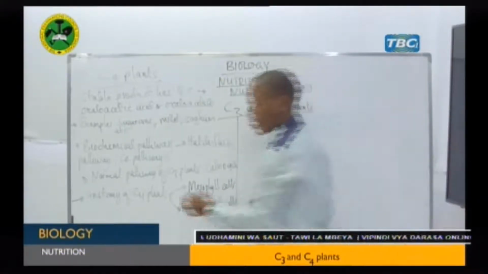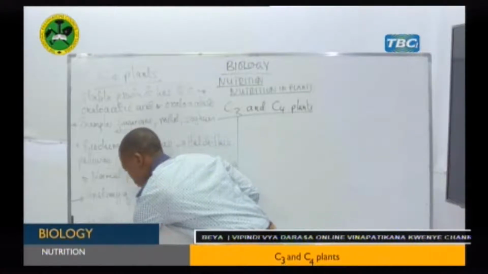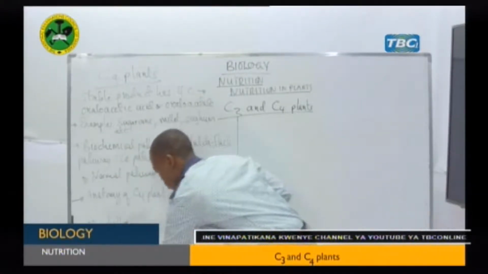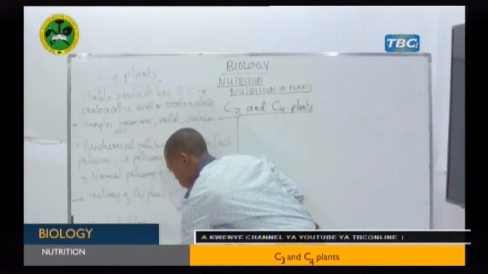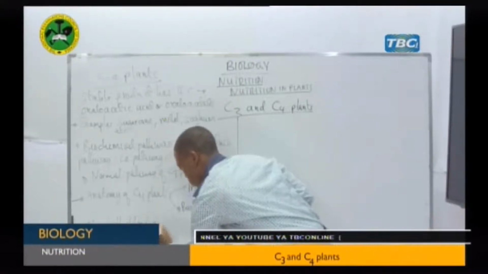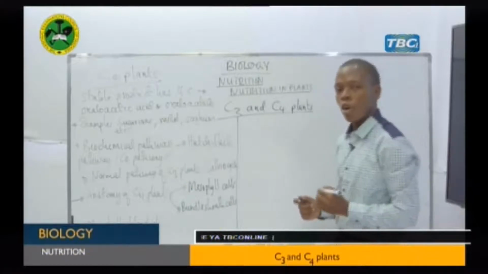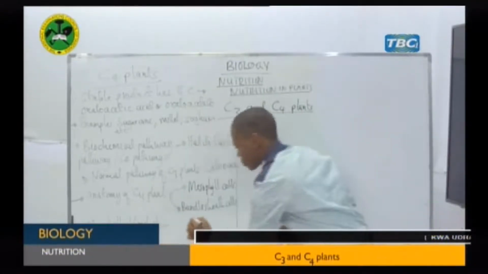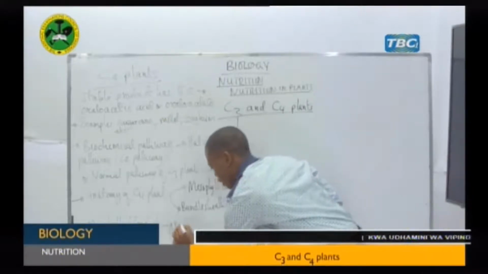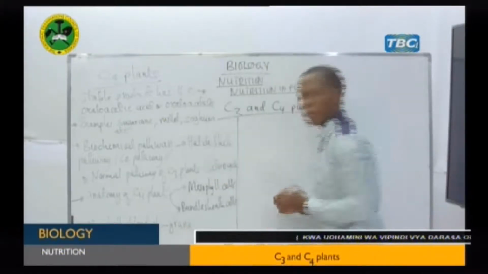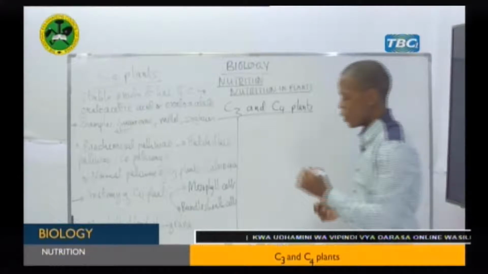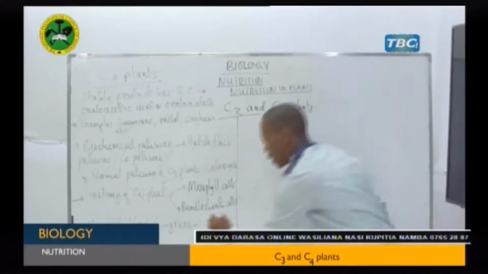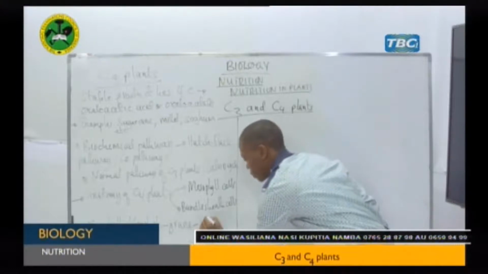The chloroplast of the mesophyll has grana. Therefore, this type of cell is specialized for the light-dependent reaction.